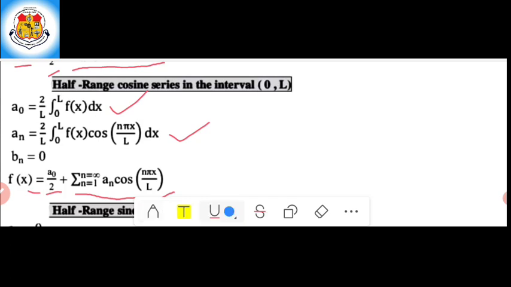We know that in the cosine series the value of bn is always 0.